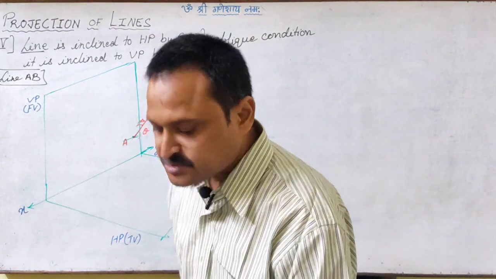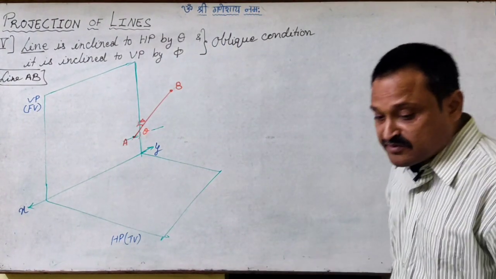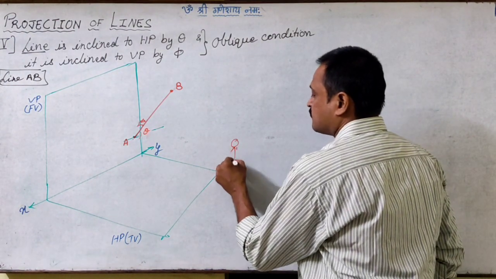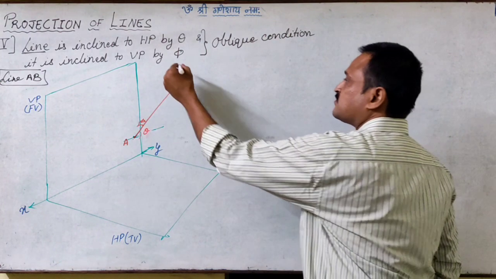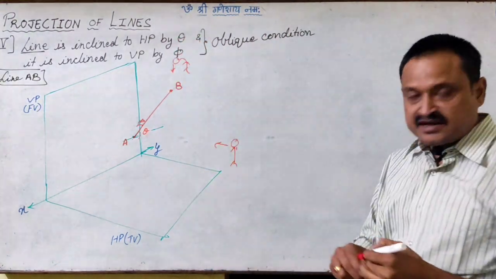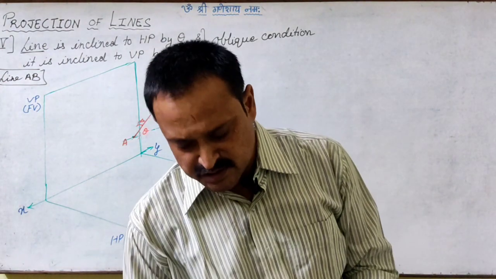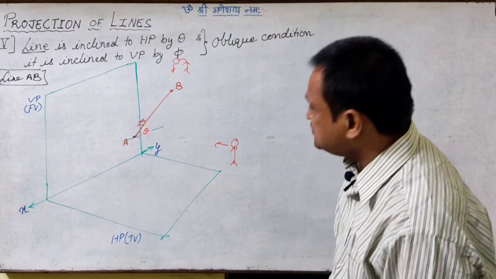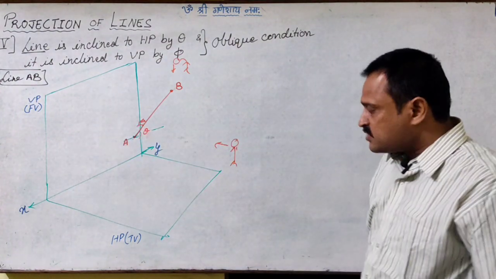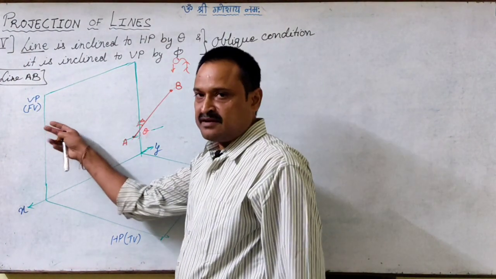So we go for the two images. One is the front view image when we look at it from the front. Second is the top view image when we look at it from the top. So let us take the first image as the front view. What we are going to do is pass a projector through A.